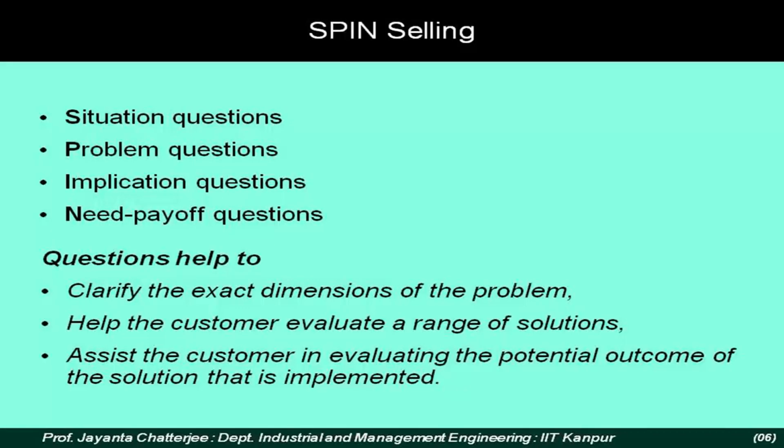P stands for problem, so there are problem questions. I stands for implication, so there are implication questions. And lastly, N stands for need payoff, so there are need payoff questions. Questions help to clarify the exact dimension of the whole problem and give you detailed insight.